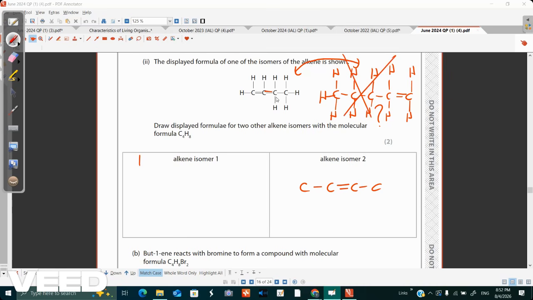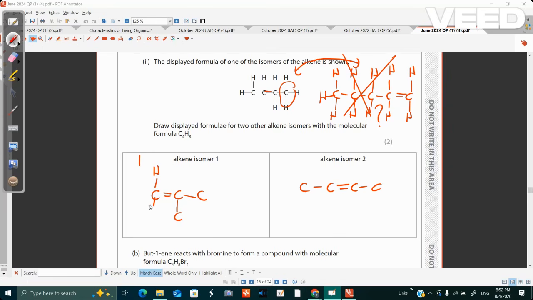But what if we branch it? We break it from here and plug it here. What will happen then? Then it is an isomer, right? And these two are isomers.